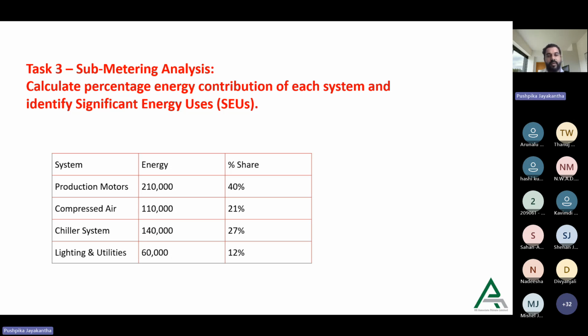Then you can get these 40, 21, 27, and 12% values. And why do we have to focus on the three parts: production motors, compressed air, chiller system? Michelle is correct, because 88% of the total energy is represented by these three areas. So definitely we have to focus on those areas for improvement.